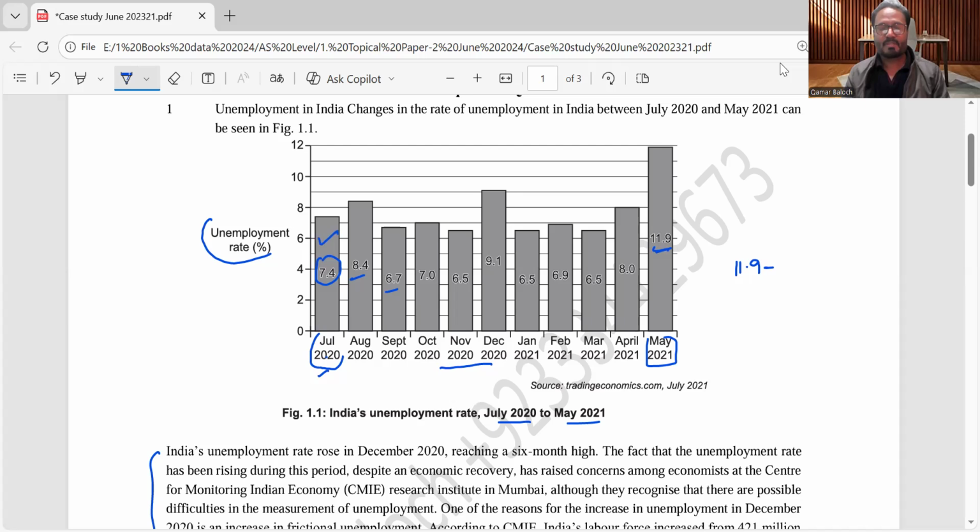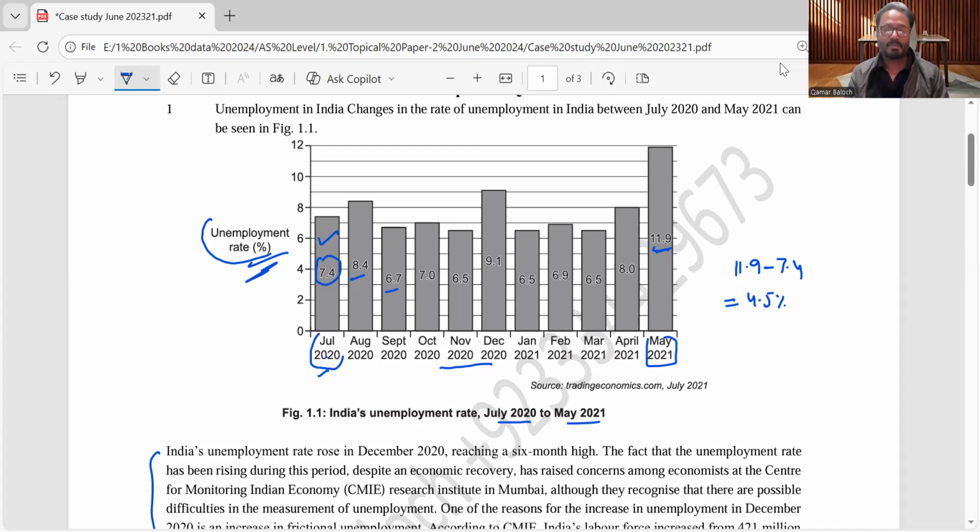So we will just find the difference between them. 11.9 minus 7.4. All these figures are in percentages, so it will be 4.5, and we will put a percentage sign here because all these values are in percentages.